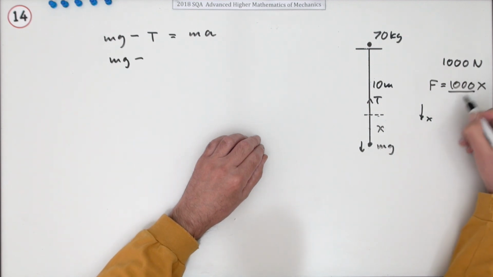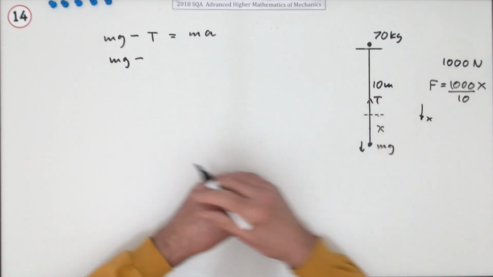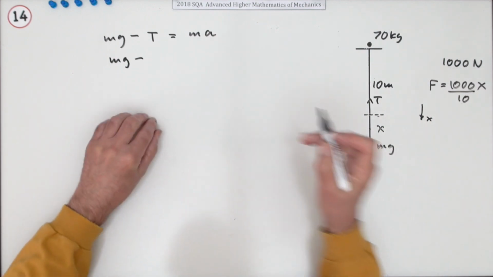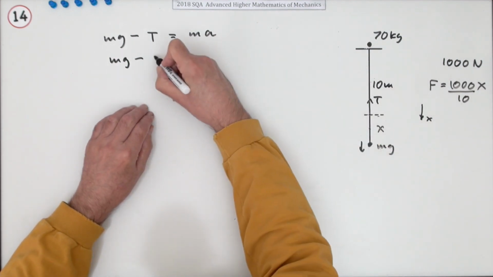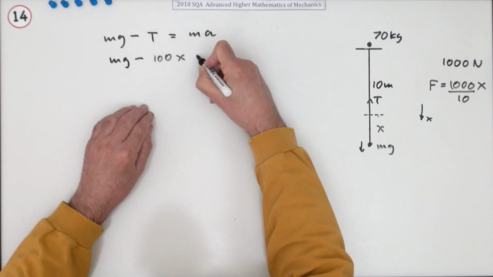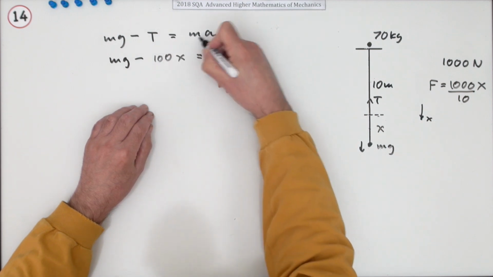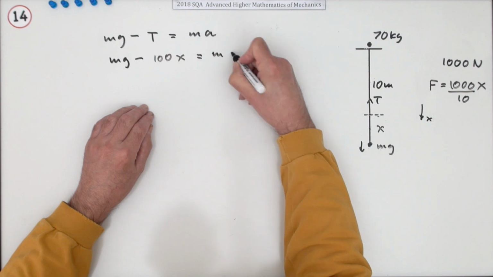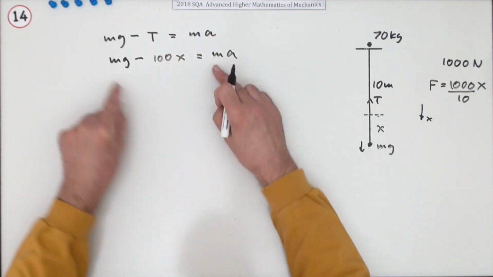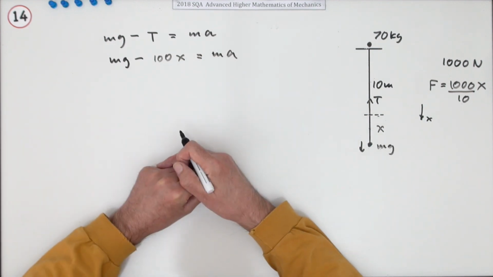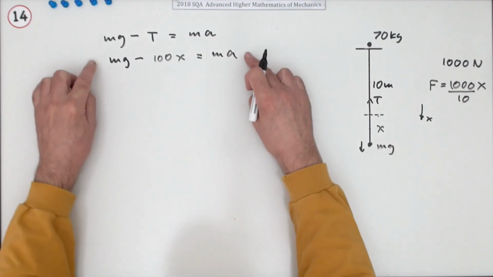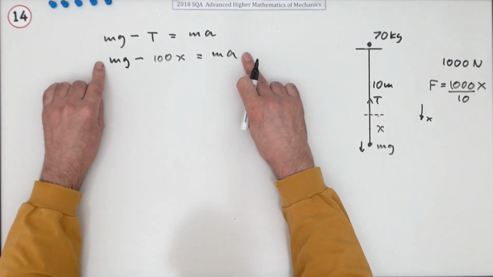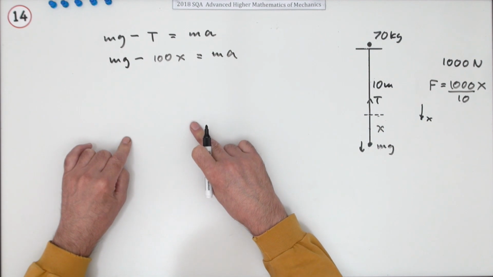Or you could think divide by the length, and there's the spring constant. So it's minus 100x will equal ma. Unfortunately the m's don't cancel out, so I'll have to put those in. Now the only difference is, now obviously that's the equation that would lead to simple harmonic motion.